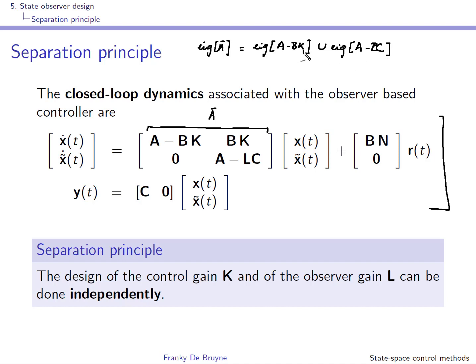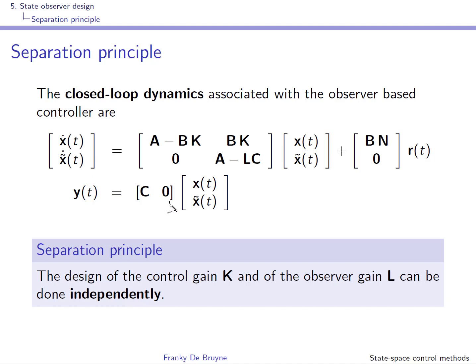A minus BK is associated to state feedback, and this one here is associated to state observation, right? So therefore we have a separation. The design of the controller gain K and the design of the observer gain L can be done independently, and this is what we call the separation principle.